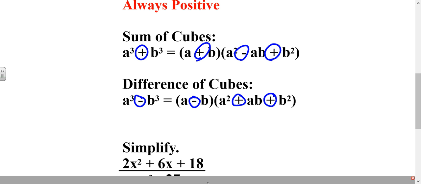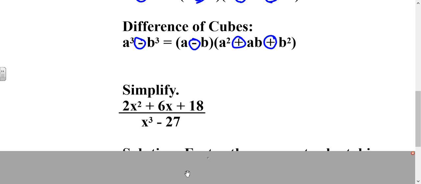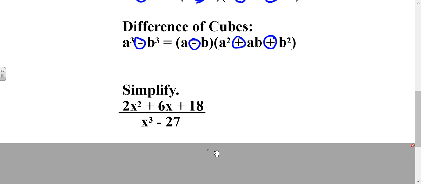So let's take a look at another example. So we have 2x squared plus 6x plus 18 over x cubed minus 27. So I need to check first, always, to see if there is a greatest common factor that I can factor out.